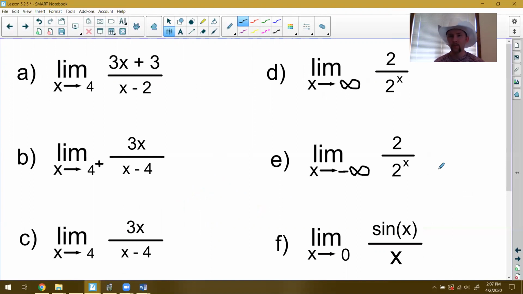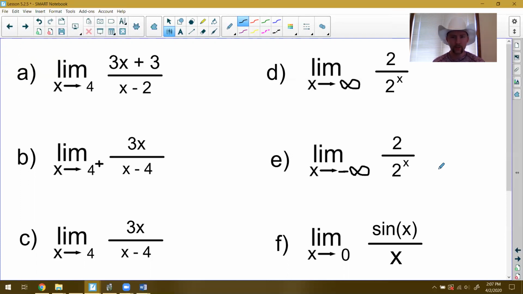And I want you to think really hard about plugging in x values. Letter A, you should be able to just plug the x value in. Letters D and E, remember what we plug in when we see infinity and negative infinity. Letter F, I don't think is going to work out very well. And letters B and C are about the same function, so we may have to look at the graph for that one as well.